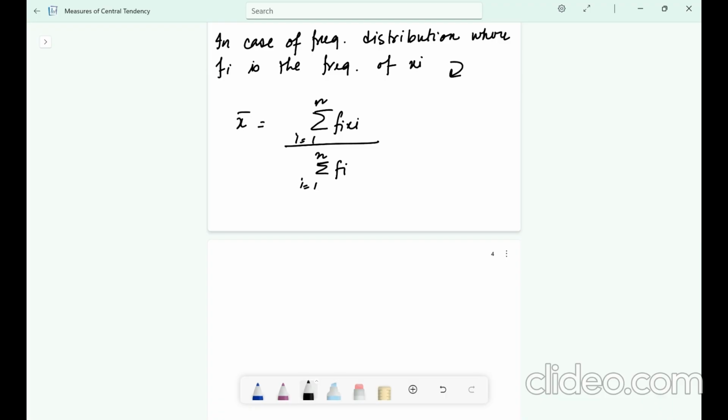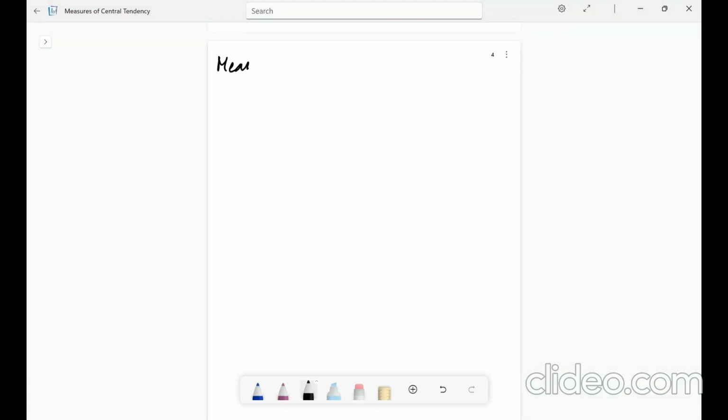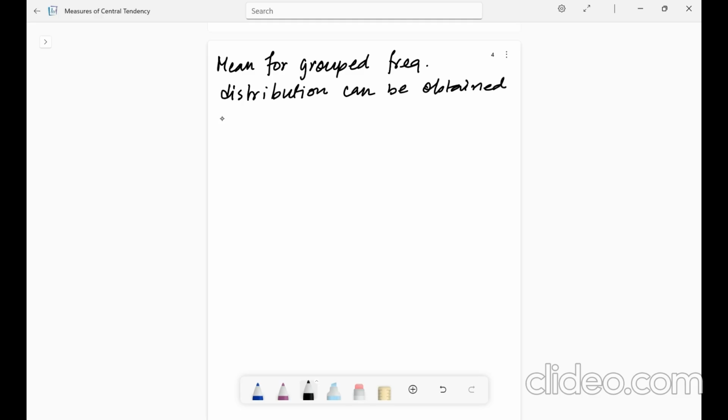Okay, also the mean for the grouped frequency distribution can be obtained by a particular method.